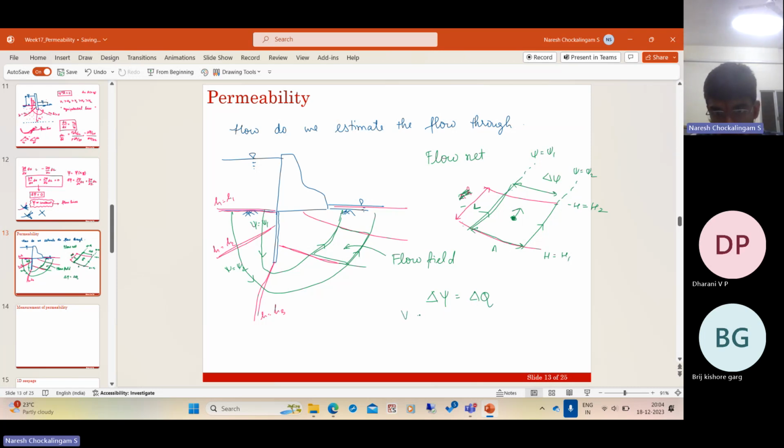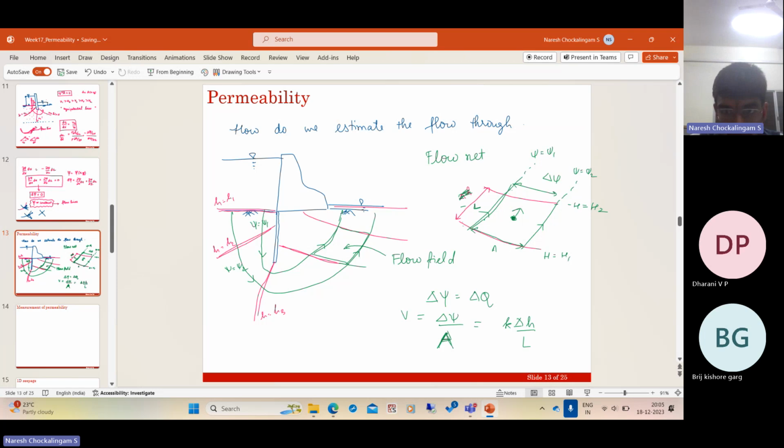And the discharge velocity is nothing but delta psi by the area, right? That's how we define the discharge velocity. But by Darcy's law, it is also equal to K times the hydraulic gradient. What is the gradient? It is the change in the head divided by L.